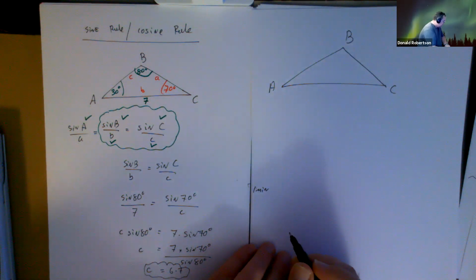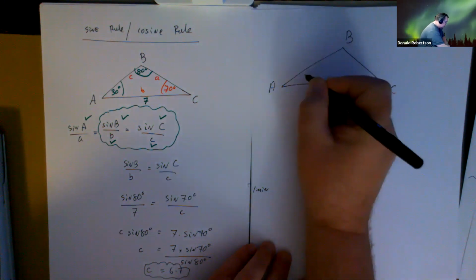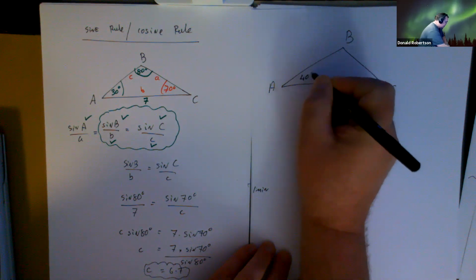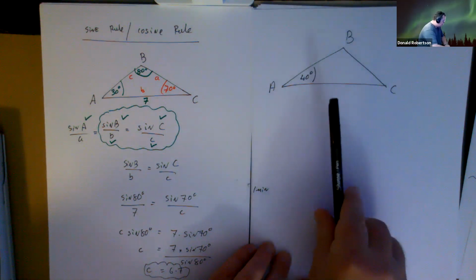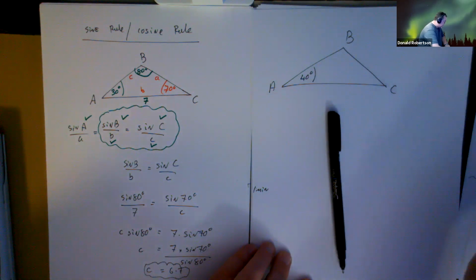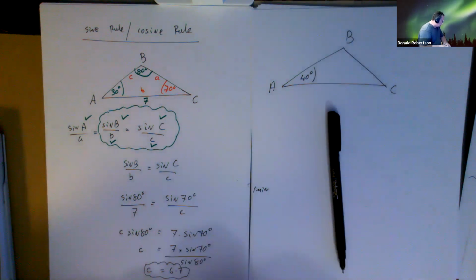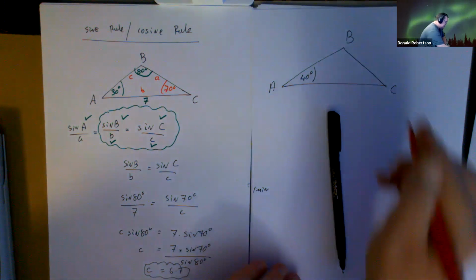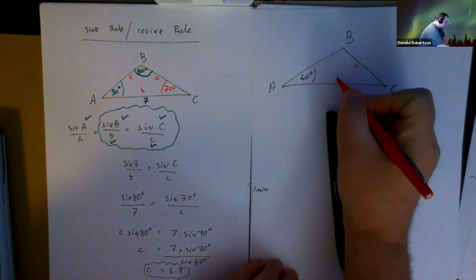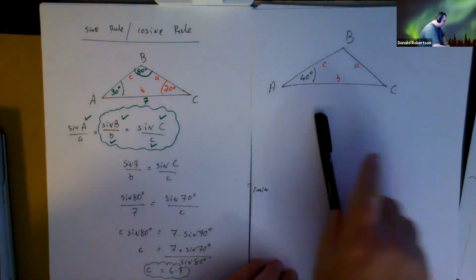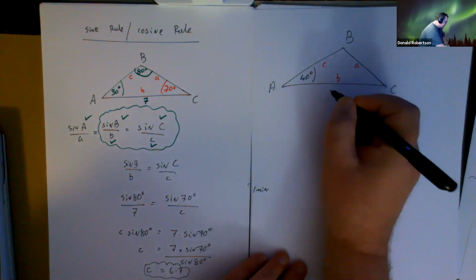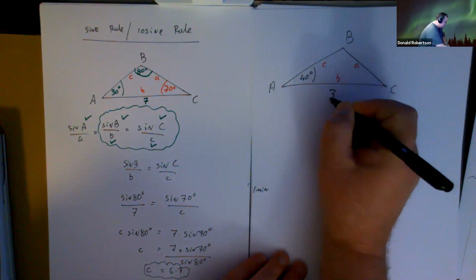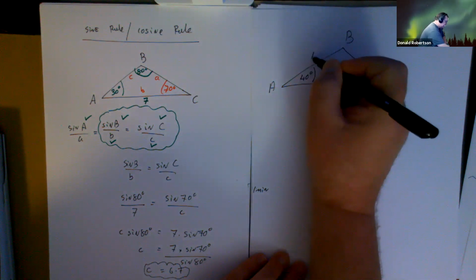In this case, I'm going to make this 40 degrees, and get my little naming thing going here. There's a little A, there's a little B, there's a little C. And let's make this guy 30 and make this guy 10.